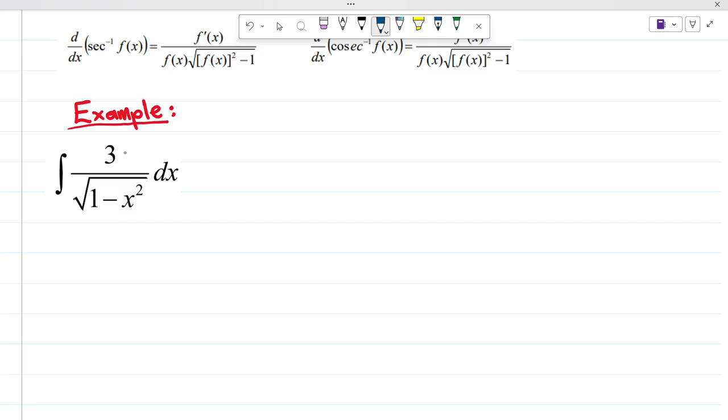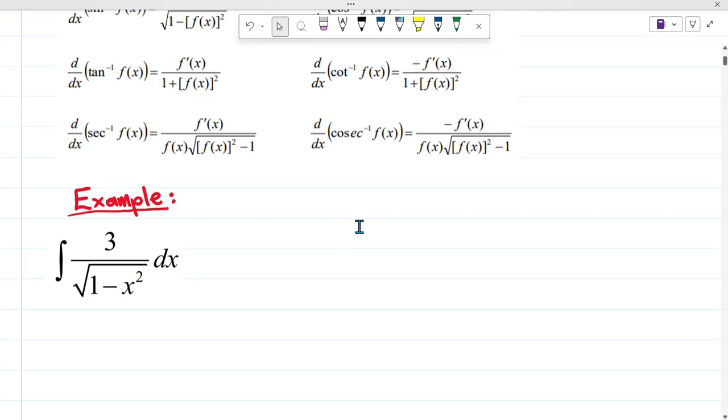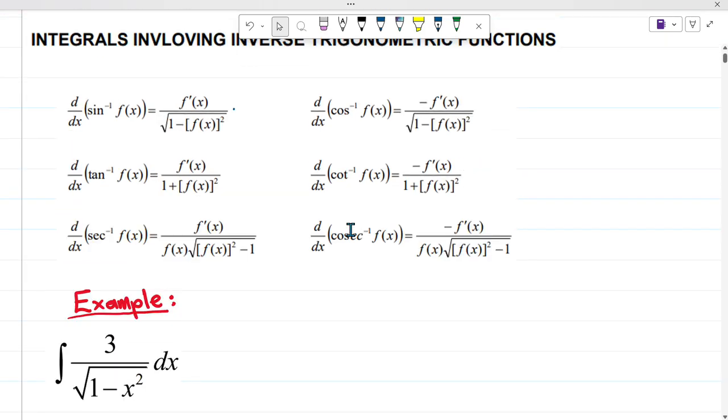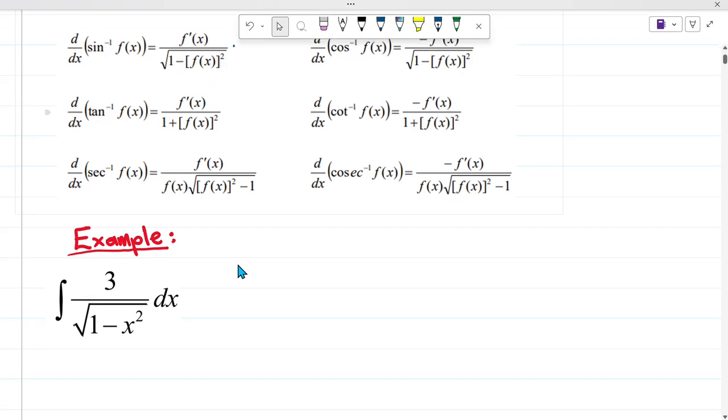You can see we're given the integral of 3 upon the square root of 1 minus x squared dx. When we see this shape of 1 minus x squared, it's this one of sine, right? Because on our denominator here we have 1 minus f of x squared.